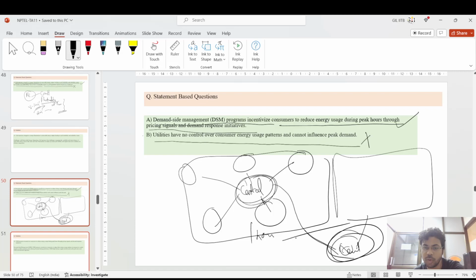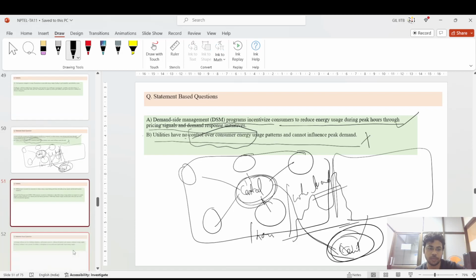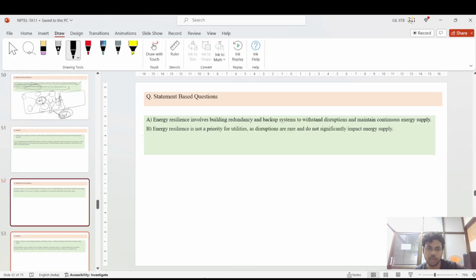Based on the load curve, they manage which load to switch off and which to switch on at that particular time. So utilities do have control over consumer energy use. This is one of the statements you have to tell me. This is related to energy resilience.